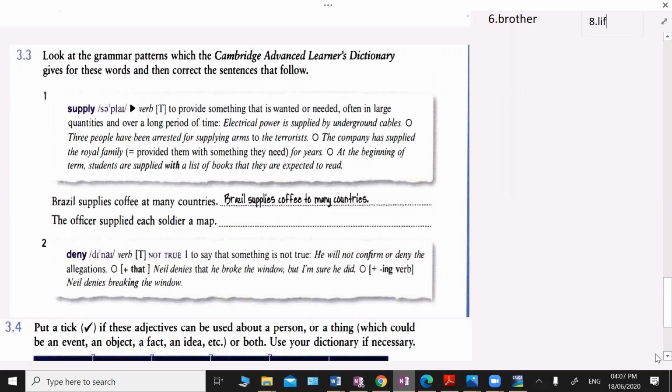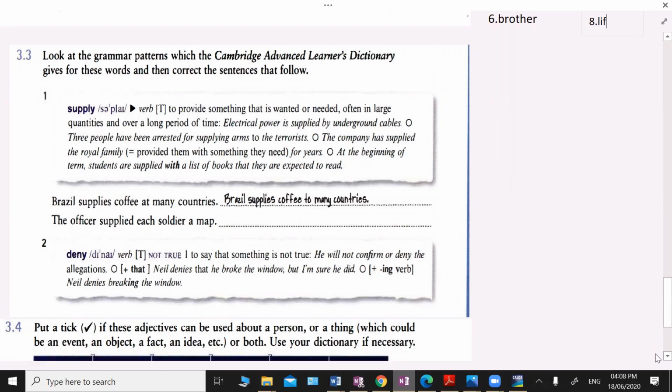The company has supplied the royal family, provided them with something they need, for years. At the beginning of term, students are supplied with a list of books that they are expected to read. So these are different examples of the word supply.